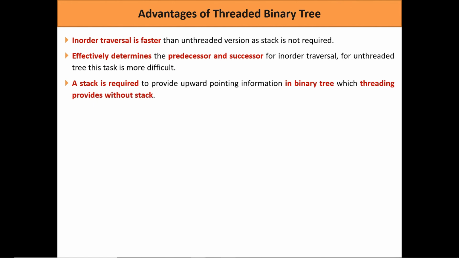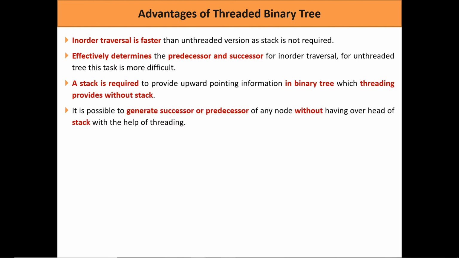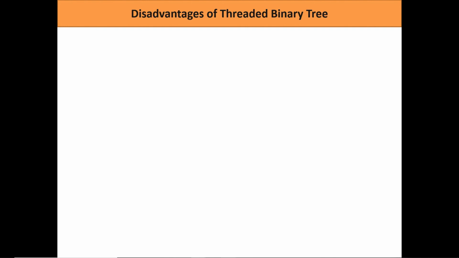A stack is required to provide upward pointing information in binary tree, which threading provides without stack. It is possible to generate successor or predecessor of any node without the overhead of stack with the help of threading. Now disadvantage of threaded binary tree.